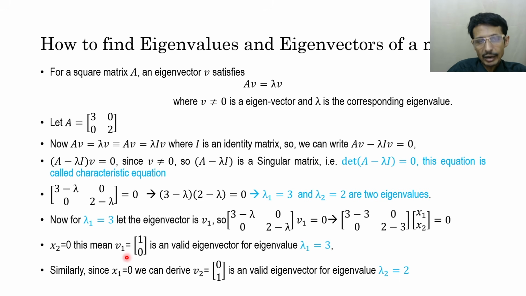That means V1 equal to (1, 0) is a valid eigenvector for lambda 1. Similarly, when we put lambda 2 equal to 2, we get V2 as (0, 1). This is the x-axis, and this is the y-axis. Both are valid eigenvectors.